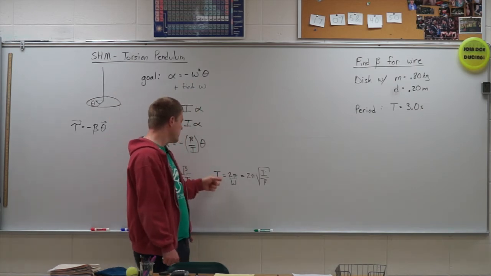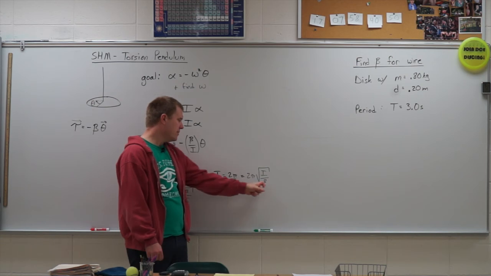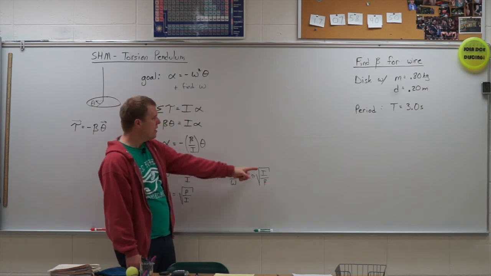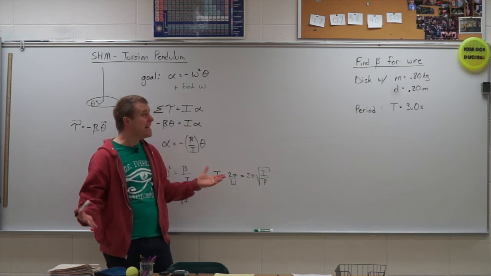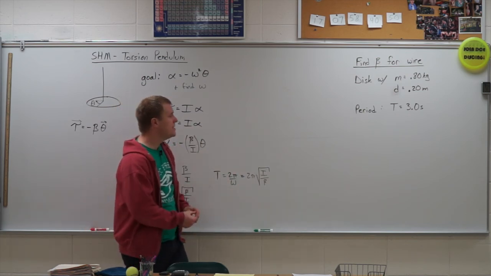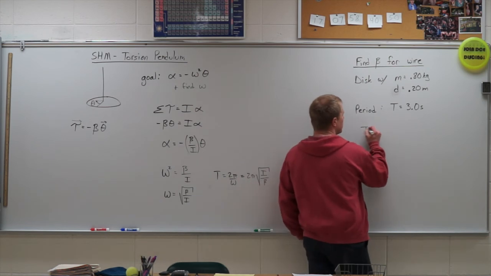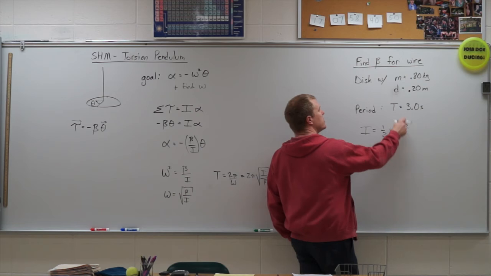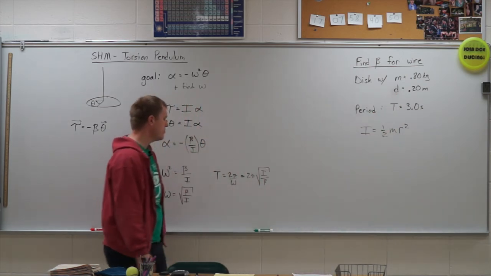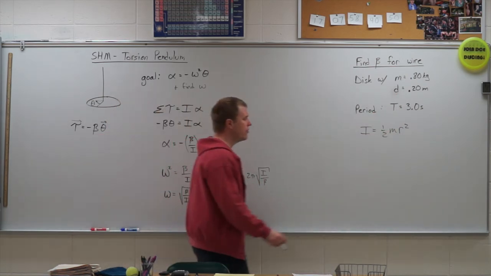I was given the period and I'm trying to find the torsion constant, so I have to figure out what I is. It's a disc, so the moment of inertia is 1/2 m r squared. Notice this is an r and that's a diameter, so I do have to account for that.